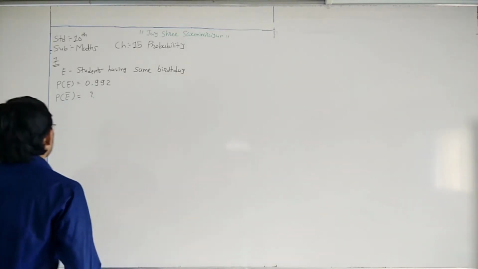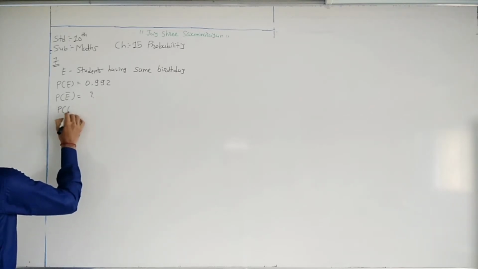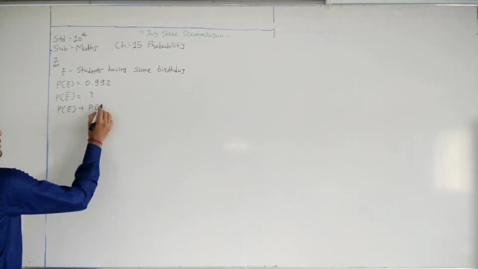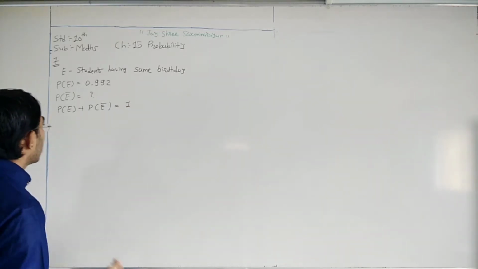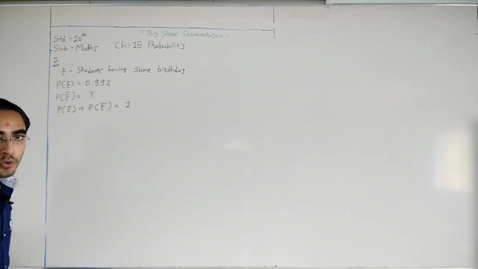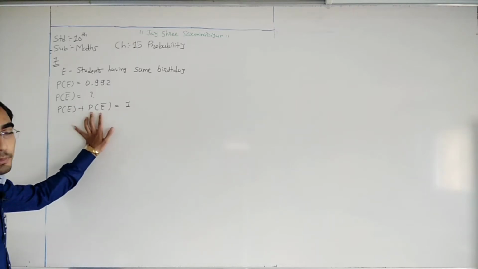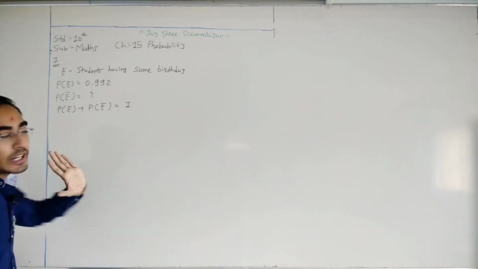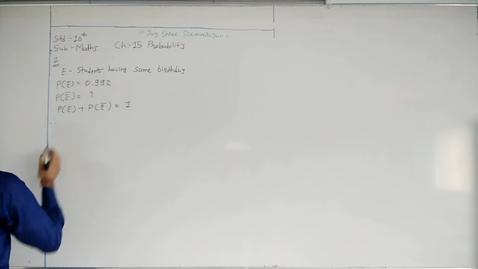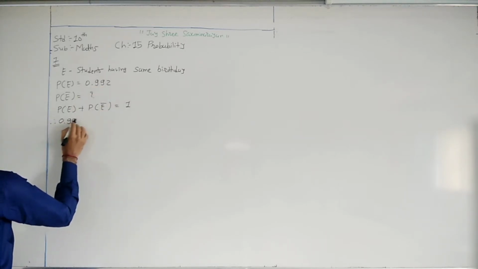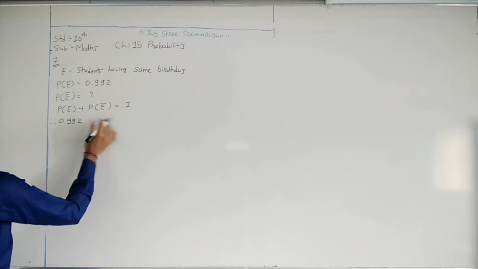And that formula is probability of event E plus P E bar is equal to 1. Right? Now P E we know, and we need to find probability of E bar. So that we can directly find from here. Now put the value of probability of event E, it is 0.992. Right?